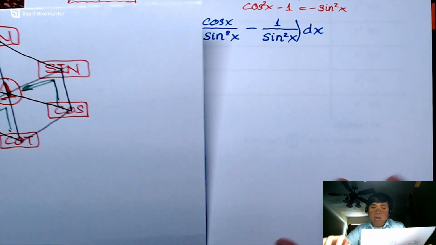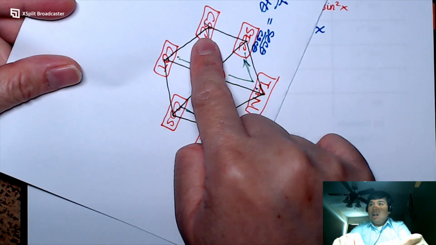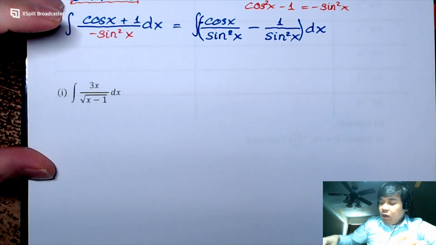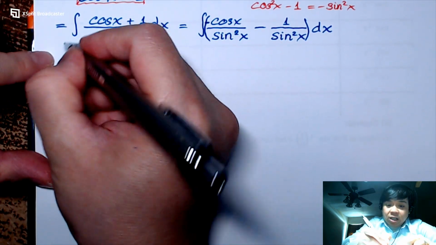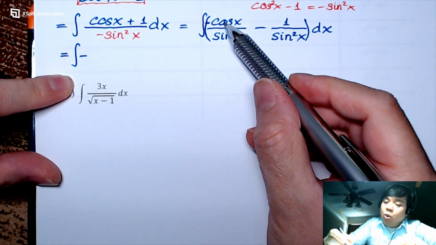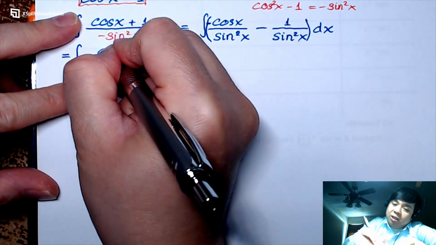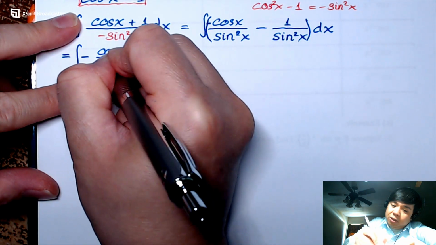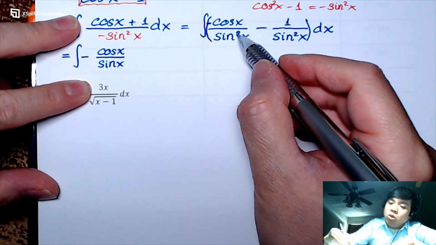Now back to this, we have 1 over sine. 1 over sine is cosecant, so that's nice. But before we do that, I just want to rewrite this a little bit. There's a negative cosine over sine. You'll say, wait a minute, that was sine squared, right?